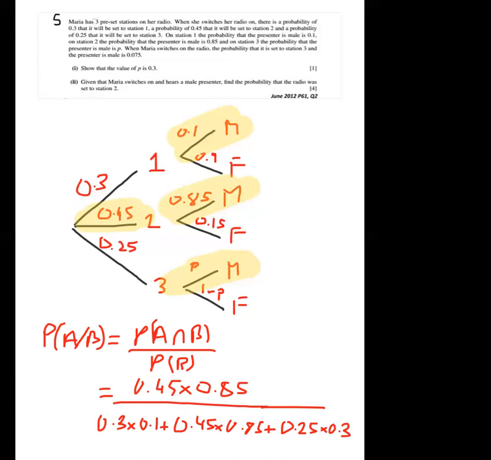So simplifying this, this is equal to 0.785. That's question 5.